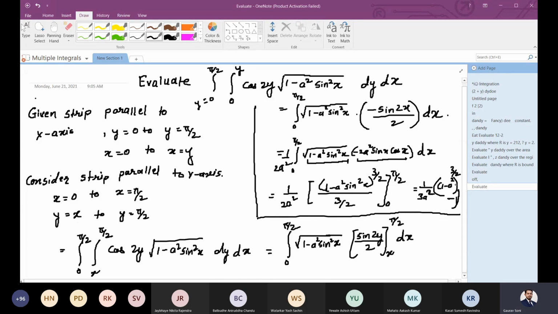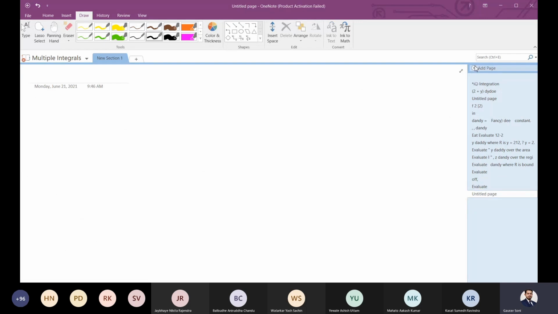So this type of examples we have actually seen in the previous lecture, and I said that in the next lecture we will solve some different examples where we actually need to separate the region.